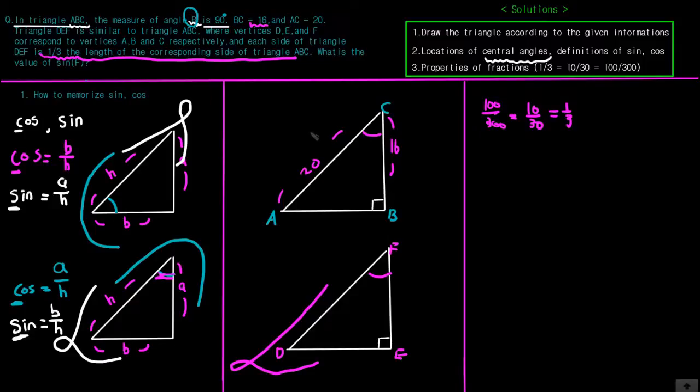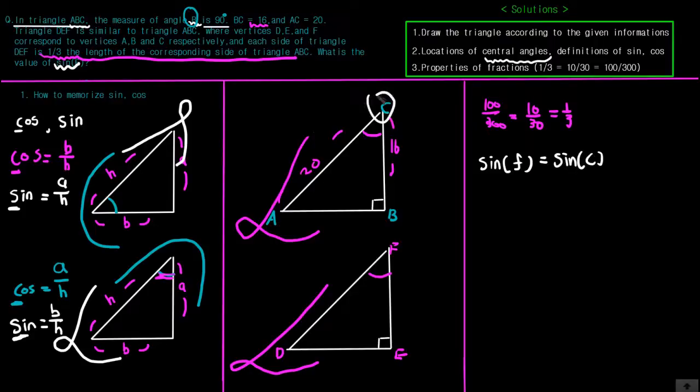The sine, we use S for it, always starts from the hypotenuse and goes all the way down. So we can say that the value of sine of F right over here is the same thing as sine of C as we got right over here.